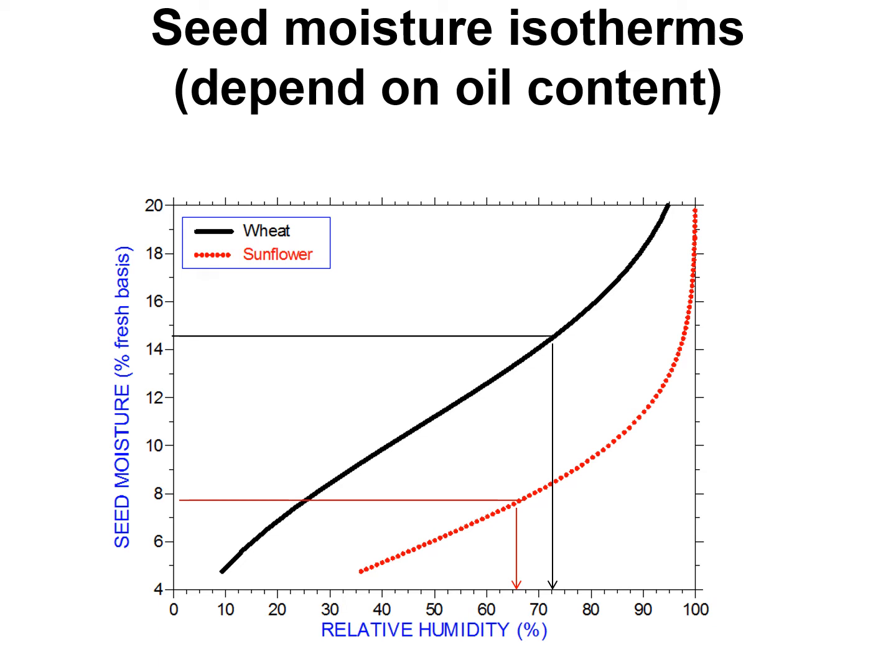We see that the moisture isotherms depend on the oil content. So the seed moisture curve for wheat is much higher than that of sunflower. In other words, if we think of a relative humidity of 70% in storage, that corresponds to around 8% moisture in the seed of the sunflower and around 13% moisture in seeds of wheat.